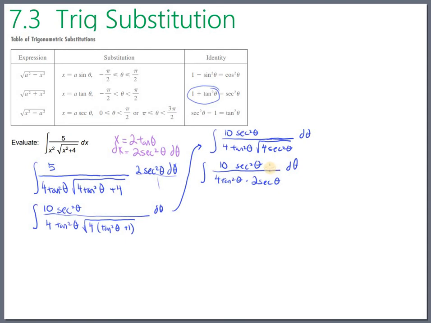I don't exactly know how this is going to work out, but it's starting to feel like maybe it is going to work out. So let's see what's going on here. We've got secant squared that we can cancel with a secant there. We've got a 2 and a 10 that can turn into 5. Okay, let's rewrite again.